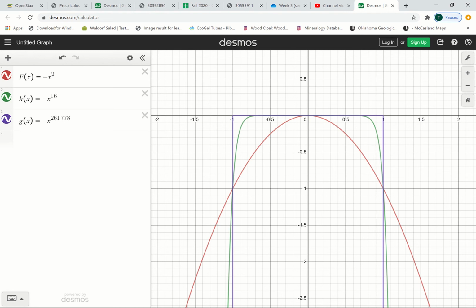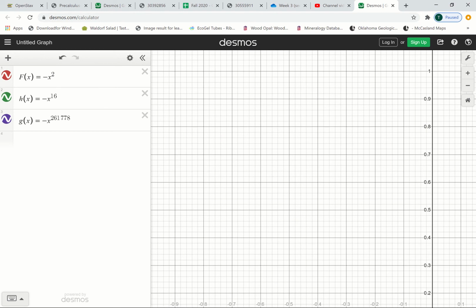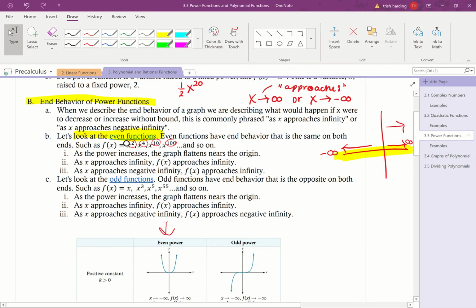And notice it does not change the shape of things at all when we're talking about that curvature. So yes, it does flatten near the origin. This is when we have a positive.